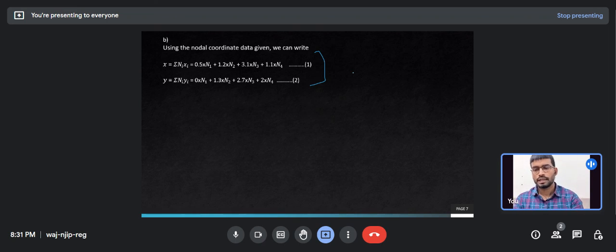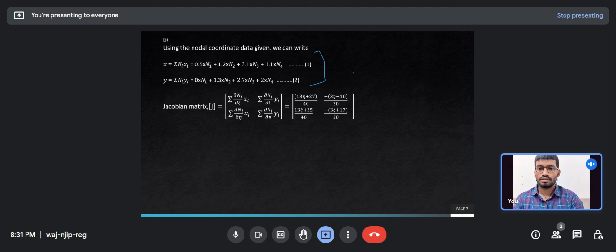And then to find out whether this mapping is valid or not, we have to determine the Jacobian matrix. And to determine the Jacobian matrix, we have to substitute the value of n1, n2, n3 and n4, right? And once we substitute the value of n1, n2, n3, n4 and take the derivative with respect to eta and zeta, we will get the Jacobian matrix like this.